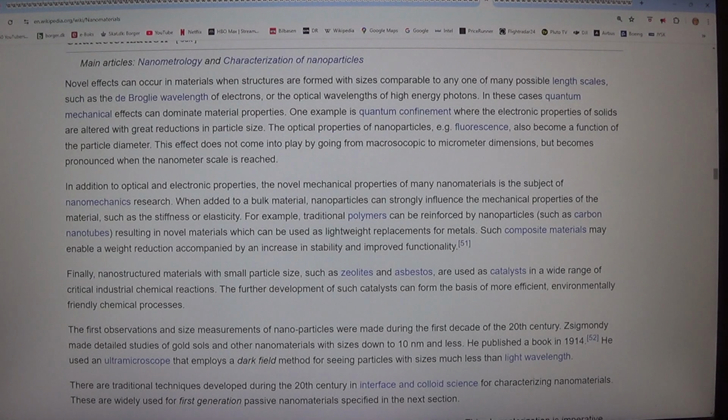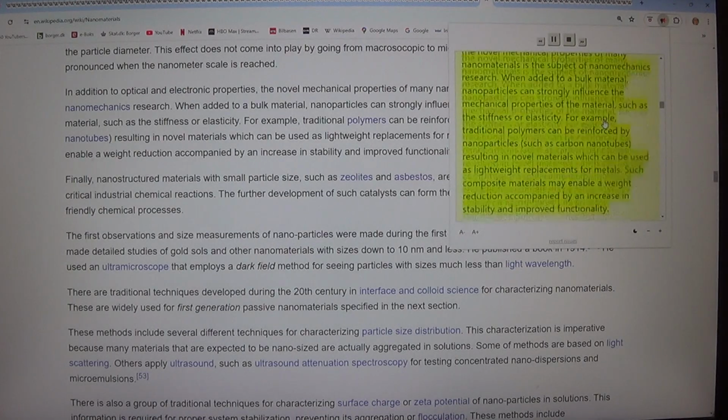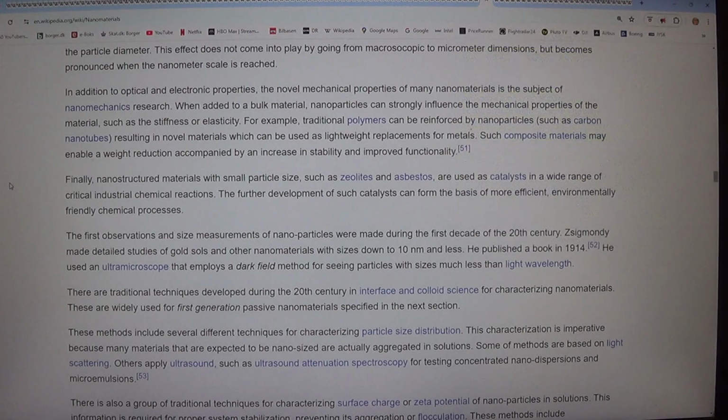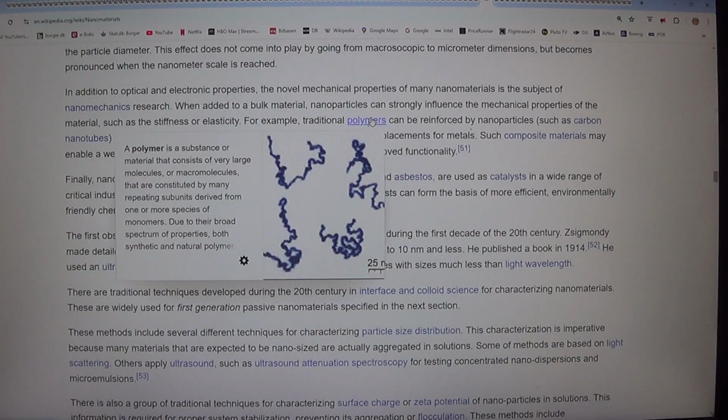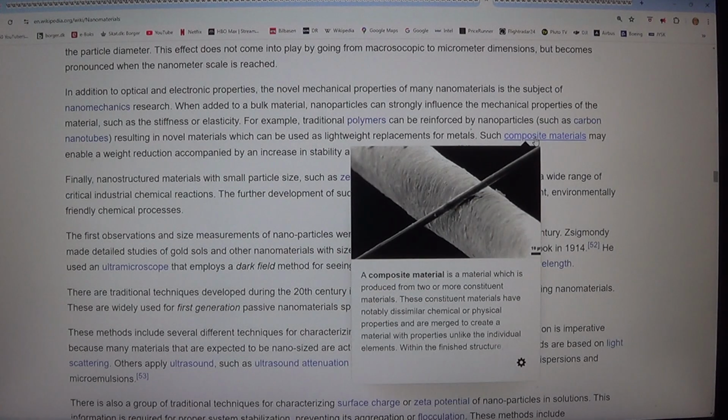When added to a bulk material, nanoparticles can strongly influence the mechanical properties of the material, such as the stiffness or elasticity. For example, traditional polymers can be reinforced by nanoparticles, such as carbon nanotubes, resulting in novel materials which can be used as lightweight replacements for metals.